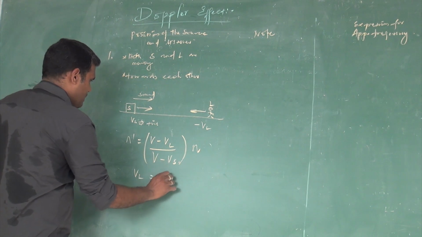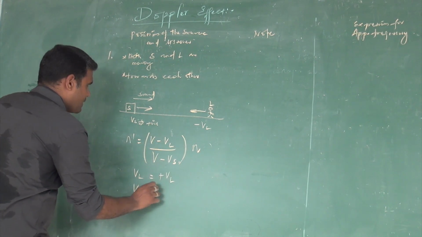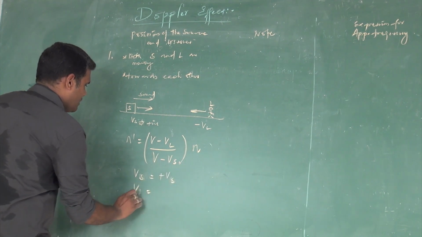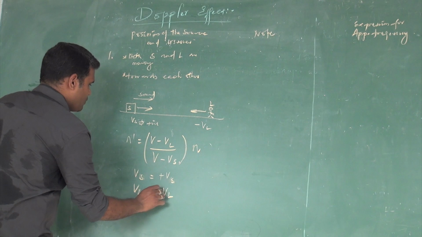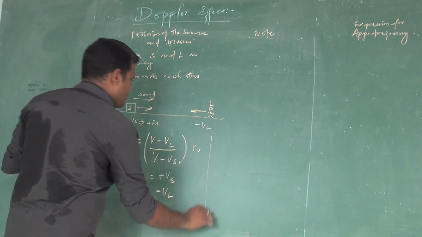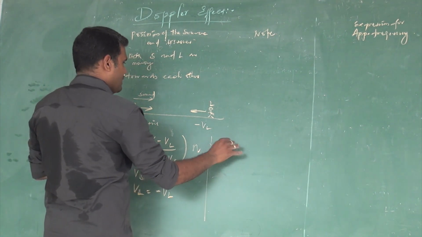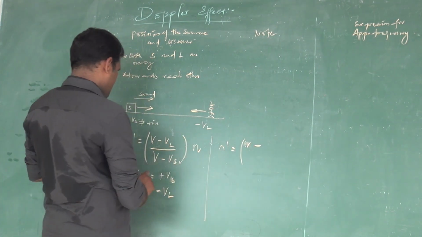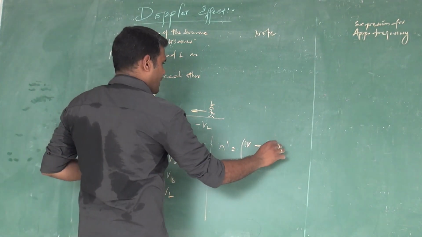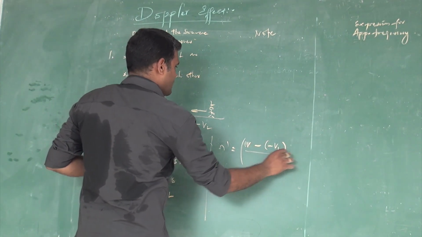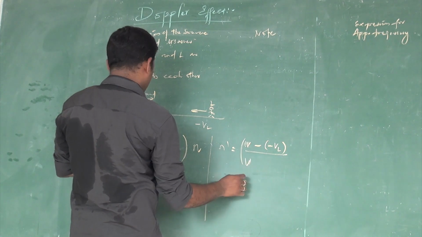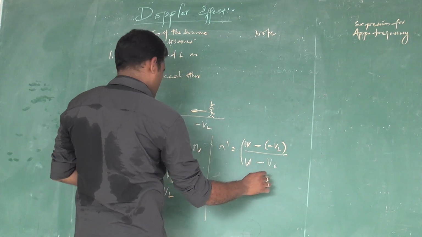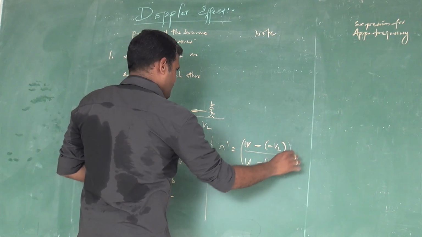VL must be taken minus VL, and Vs must be taken plus Vs. If you substitute the sign convention in this expression, what will you get? n prime is equal to V minus of minus VL divided by V minus of Vs, because Vs is positive, into n.